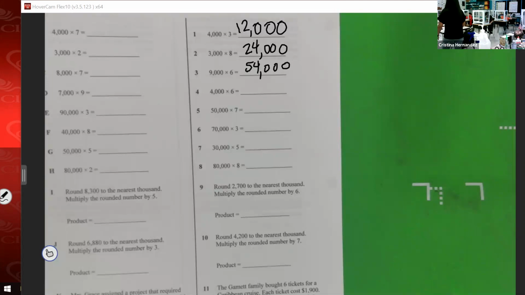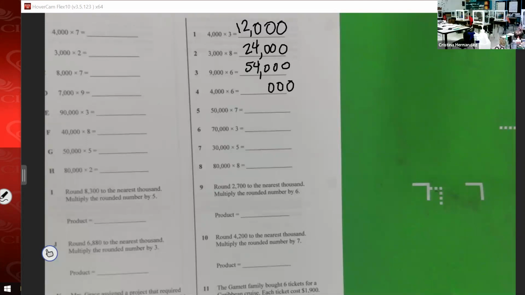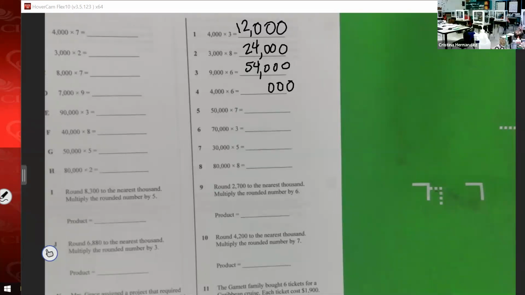Here, how many trailing zeros on number 4? 3. 4 times 3 is 28. Nope. It's 9 times 6, Azu. It's 9 times 6. I mean the first one. No, because it's 4 times 3. Sorry, I'm talking. What's 4 times 6? 24.